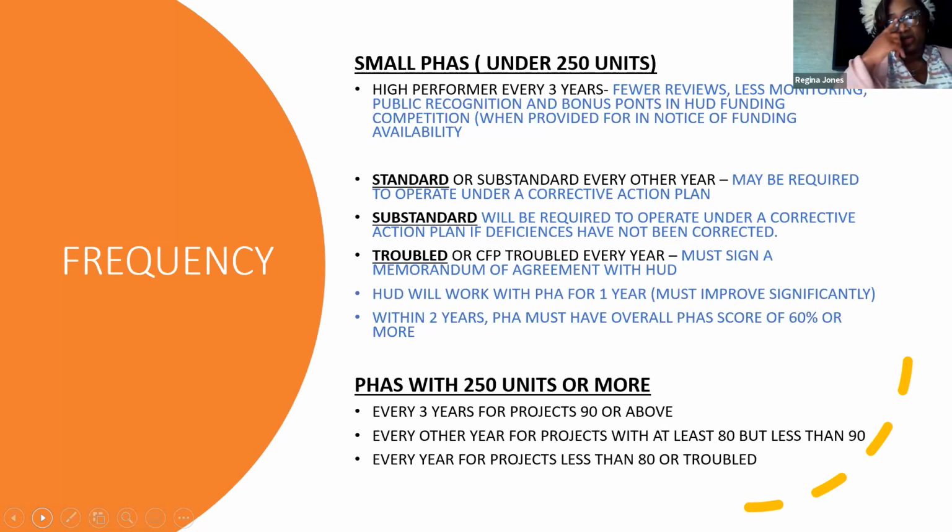And within 2 years, you must have an overall PHAS score of 60% or more. So I'm pretty sure what every agency hopes to do is not to have HUD involved in every part of the agency. So we all want to shoot for high performer. And I'm sure all our agencies within Texas are high performing agencies.